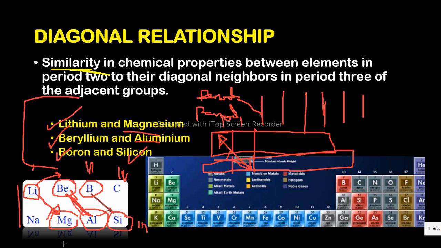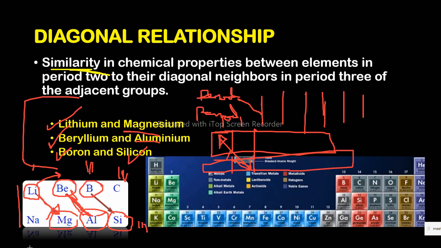So this similarity in both the physical and the chemical properties between members of period 2 to their diagonal neighbors of period 3 in the adjacent group or groups is what we refer to as diagonal relationship.